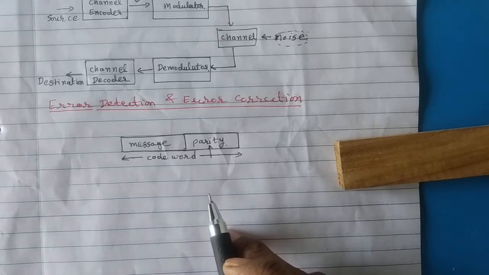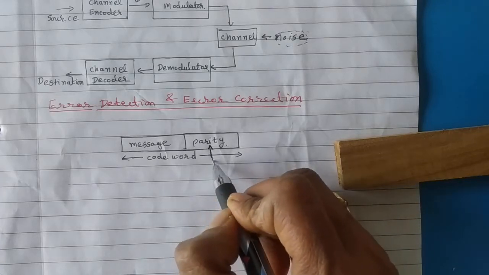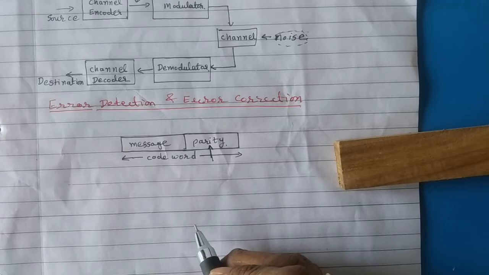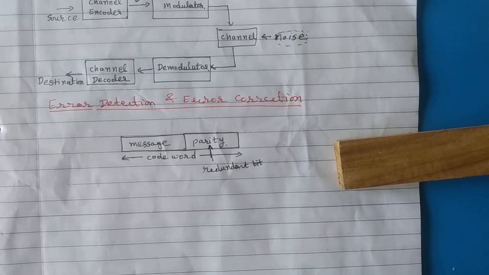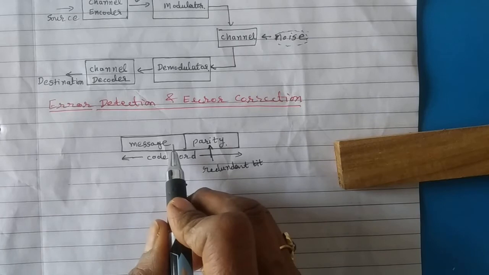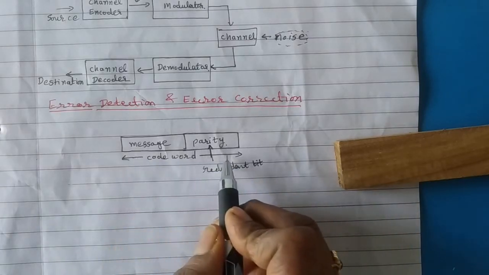However, they do not contain any information. These parity bits do not contain any information. Hence, they are also called redundant bits. The data bits, the message bits, along with these parity bits form the code word.